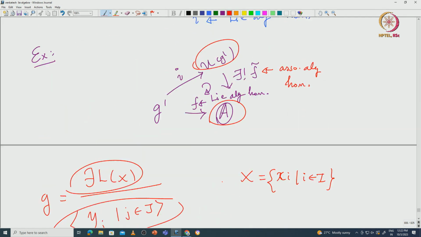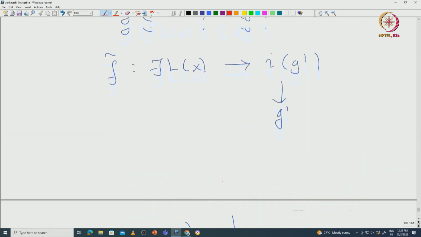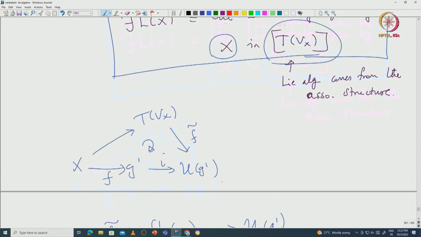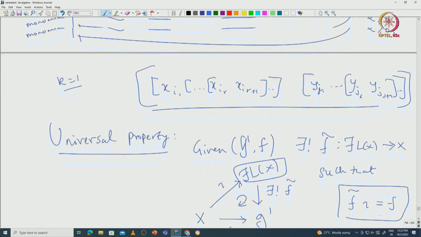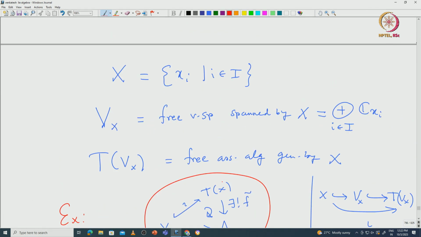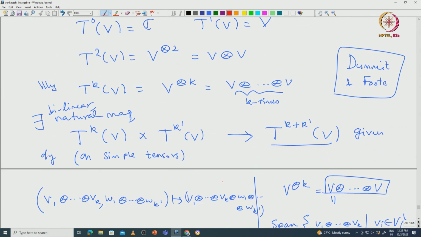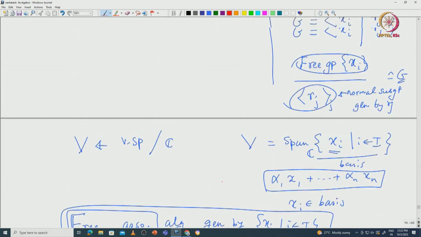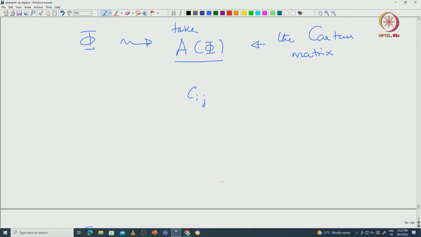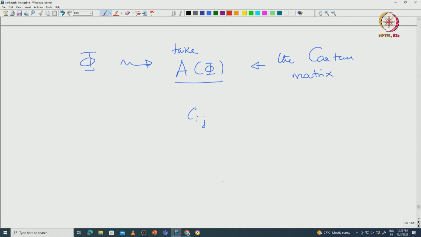So, now if we go back to our original question, we can take some root system phi, then you can fix a set of simple roots, and associated with that you can fix the Cartan matrix, which is an L by L matrix, where L is the rank of phi or the dimension of the Euclidean space E.